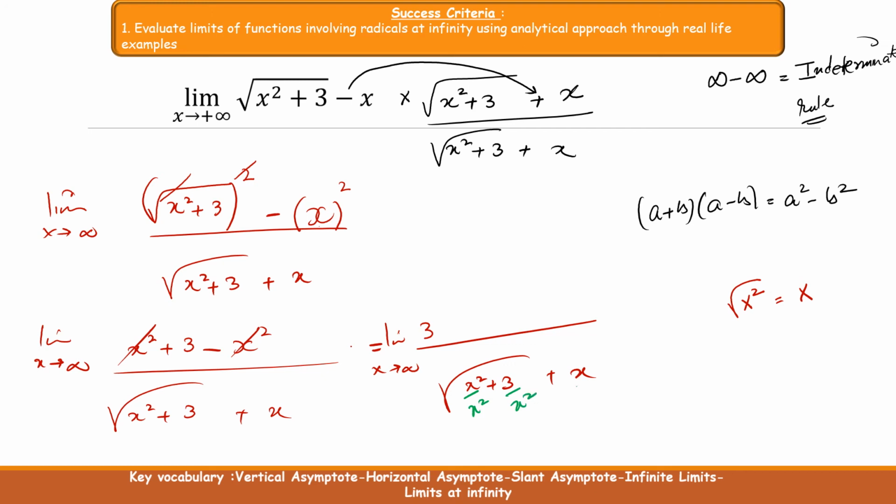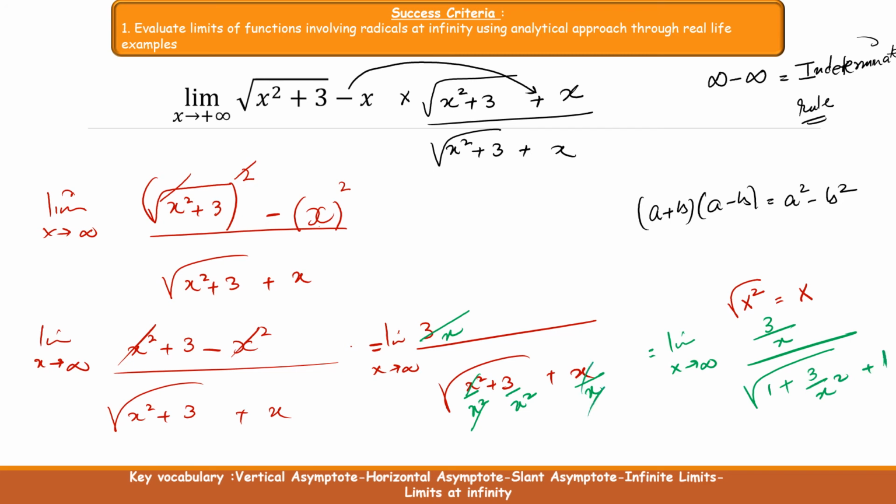The term which is outside the square root, divide by x. Now solve it and write it in the simplified form. So we will get 3 over x, all upon square root of 1 plus 3 over x square, and x cancels, so it will be plus 1.